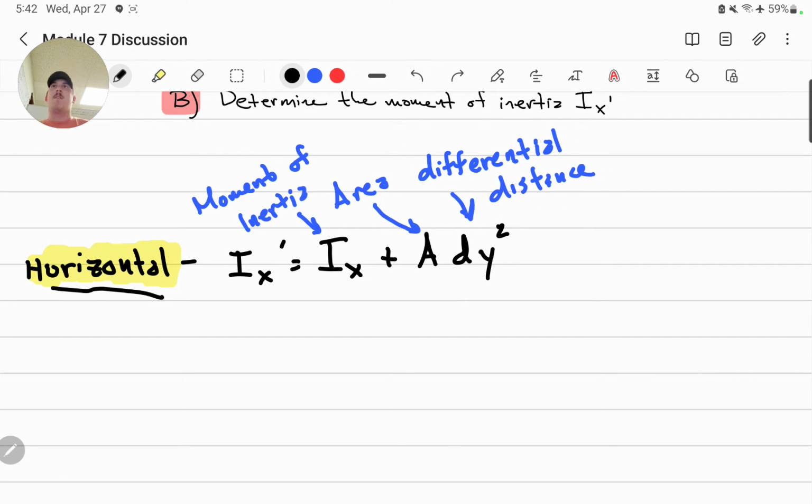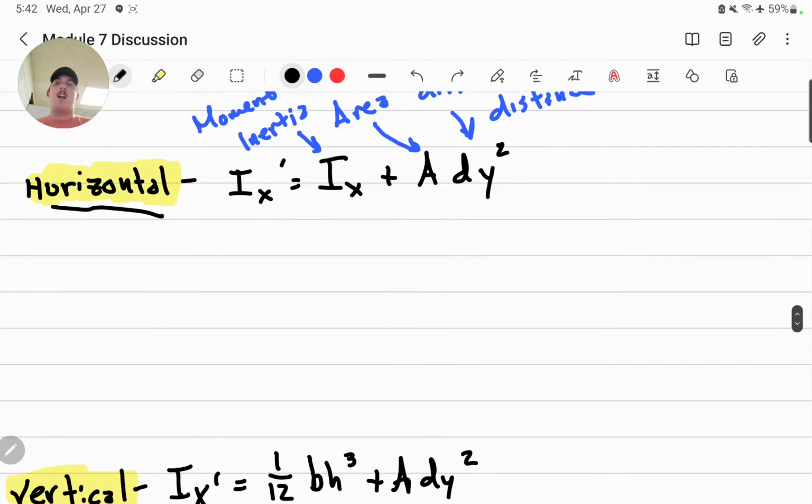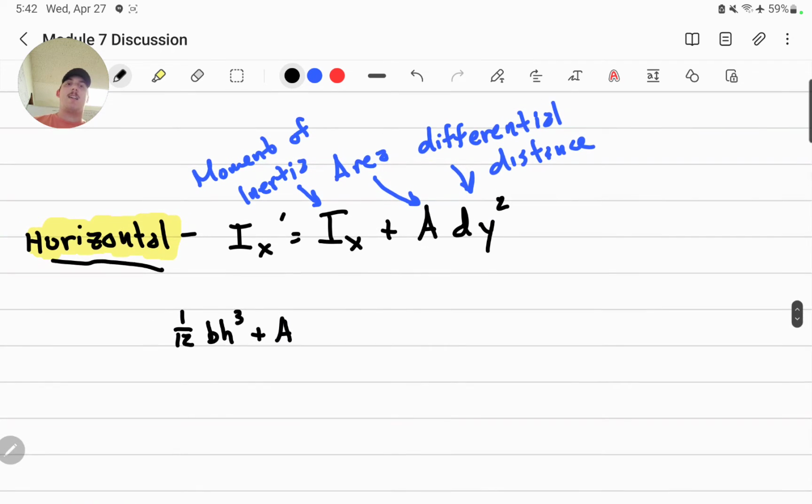I know from class, from our book, from our cheat sheet for our tests, that the moment of inertia for a rectangle is 1 over 12 base times height cubed, plus the area times the differential distance squared.